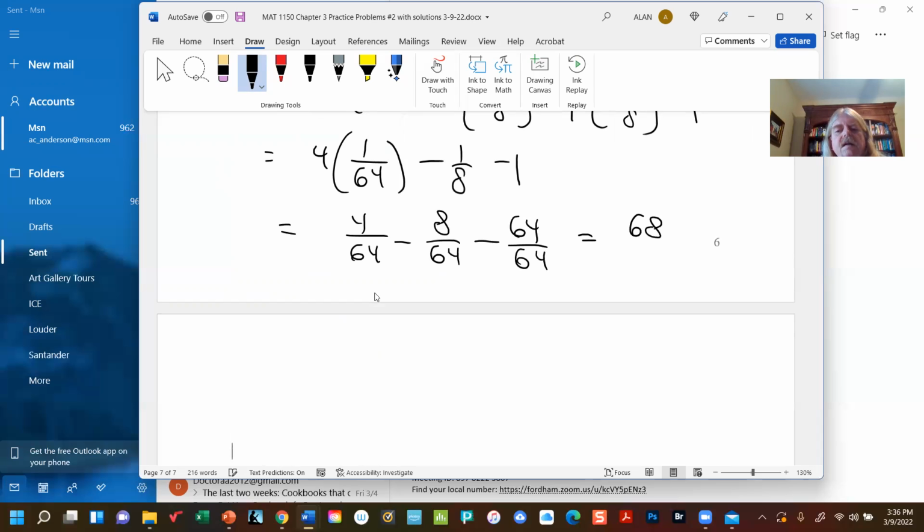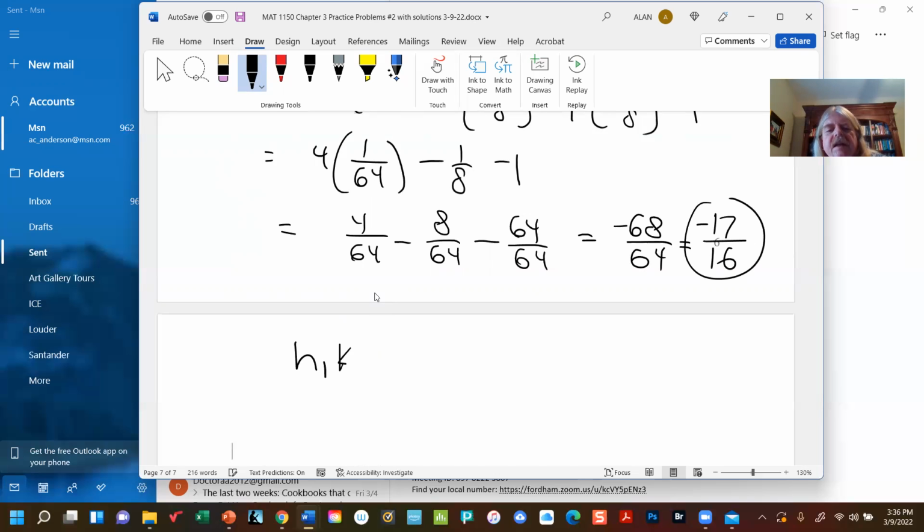All right. So that should be, wow, 68 over 64. What does that equal to? You can actually reduce that if you divide the numerator and the denominator by 4. You actually wind up, wait a minute. This is minus, sorry. All right, now we're good.